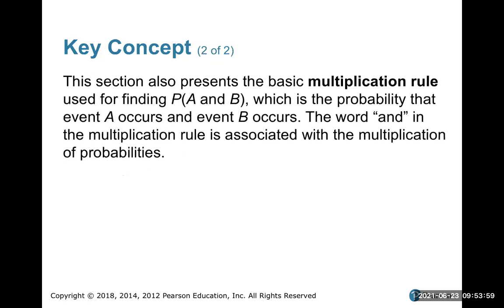The multiplication rule is associated with and, meaning both happening at the same time. For example, the probability of boy and girl. The multiplication rule is associated with and, so it is multiplication of probabilities, again, happening at the same time.